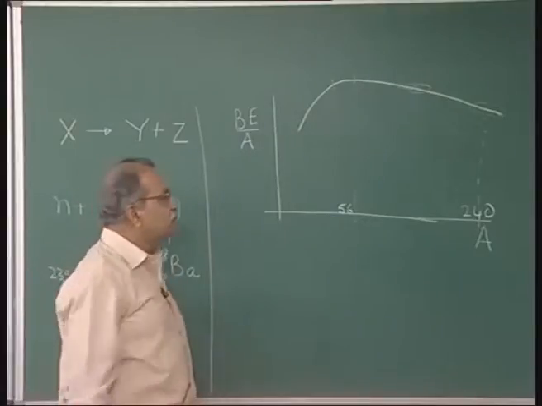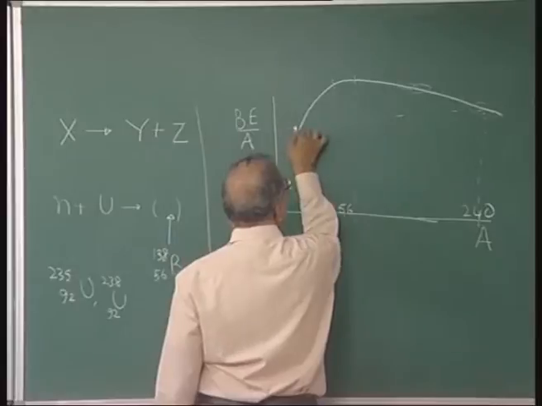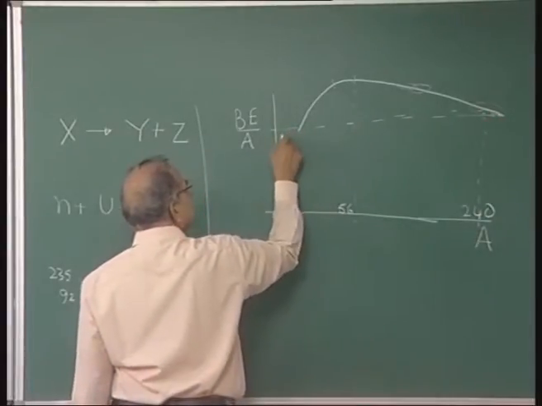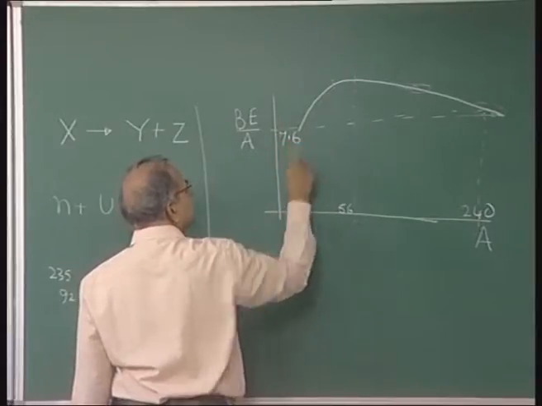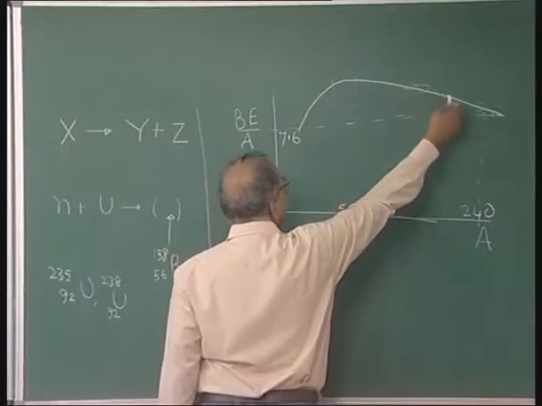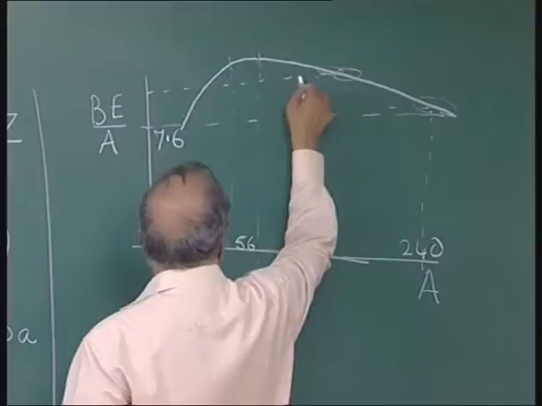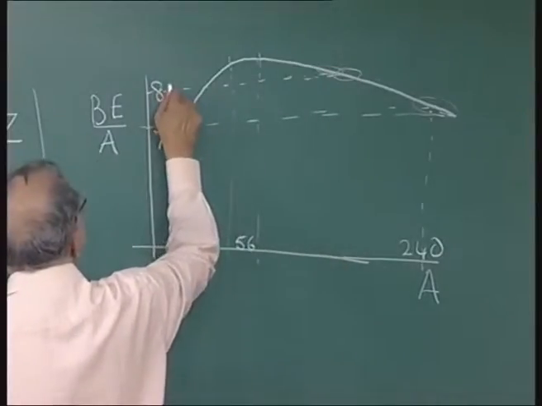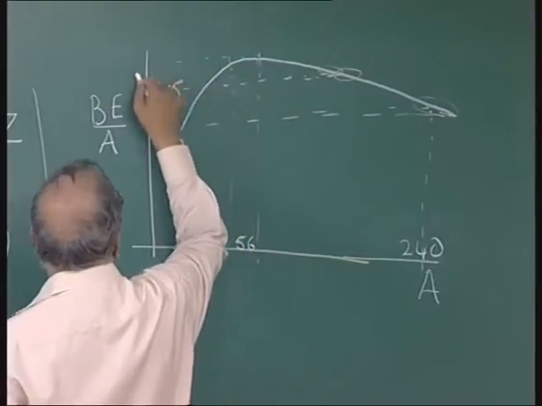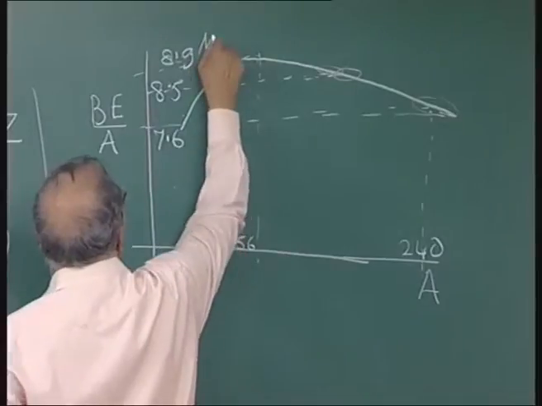If you look at the numbers, the binding energy per nucleon here is around, let us say, 7.6 MeV per nucleon, and here, at half of it, it will be around, say, 8.5, and of course the maximum is here, which will be around 8.9 or so. This is all in mega electron volts.